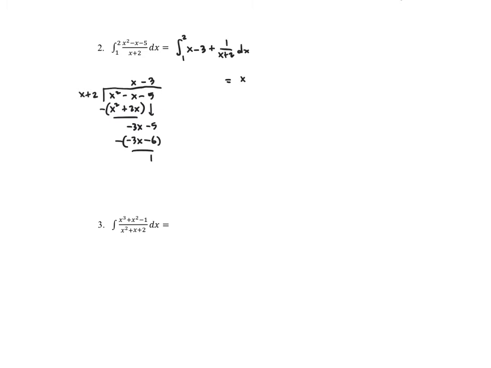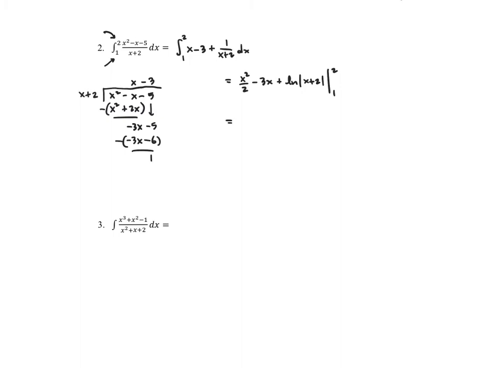And I'm going to write this as x squared over 2 minus 3x. In a very similar way, I could use a u sub, or I could write this as the ln of the absolute value of x plus 2. Now I don't need plus c because we can see this is a definite integral with its limits top and bottom, so I'm going to evaluate from 1 to 2.